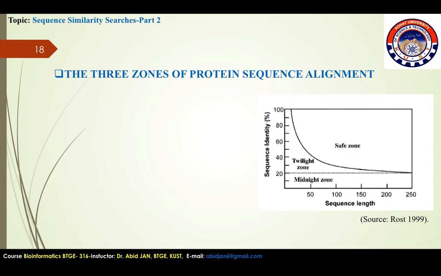For DNA, you will require at least 70% identity to draw the same conclusion. In simple words, 25 amino acids out of 100 amino acids and 70 nucleotides out of 100 nucleotides.